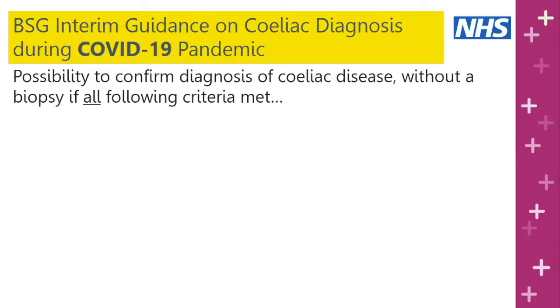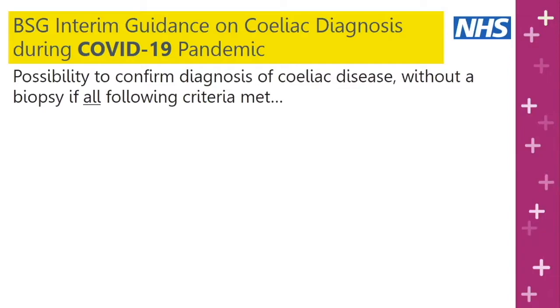And also, due to recent events, including the COVID-19 pandemic, the British Society of Gastroenterology have recently released some interim guidance on celiac disease diagnosis. They are suggesting that celiac disease could be confirmed without a biopsy in certain situations.